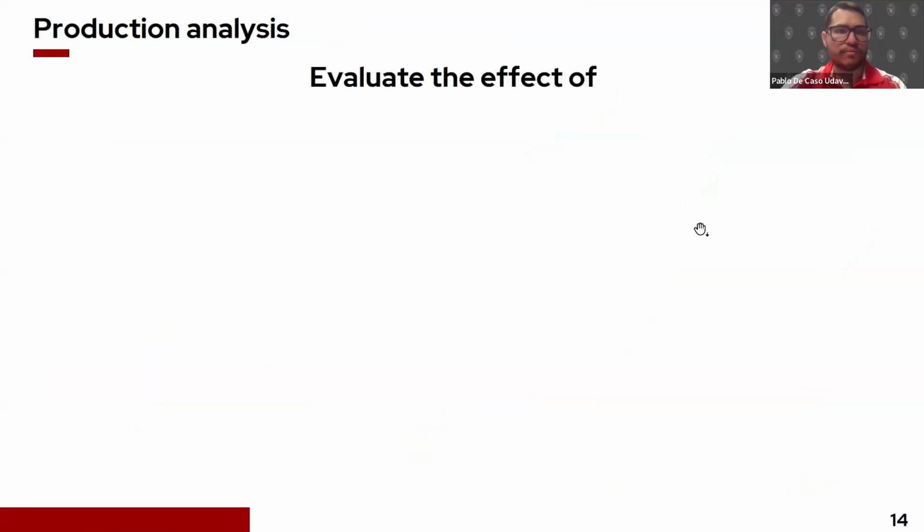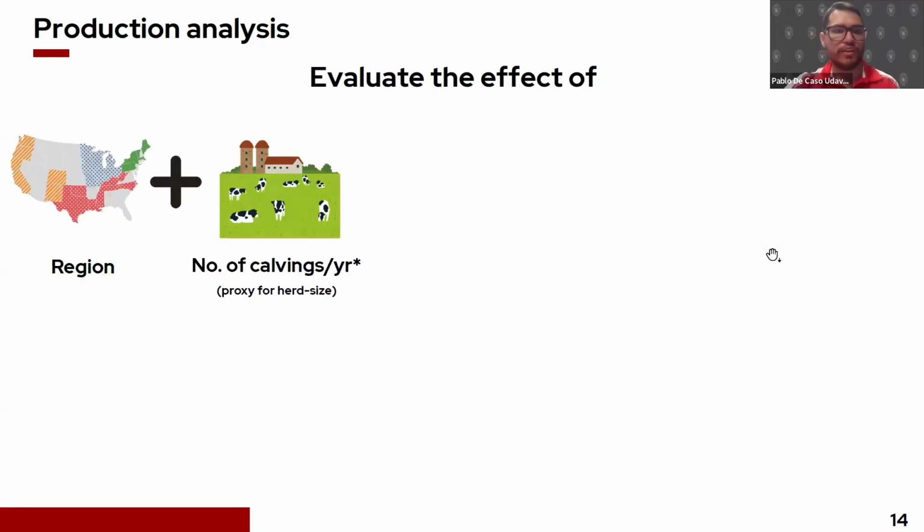So with that, we would like to jump into the main objective of this specific part, which was evaluating the effect of different parameters described with different production and performance metrics. We wanted to evaluate first the effect of region and the number of calvings that a herd had per year, which was a proxy for herd size.